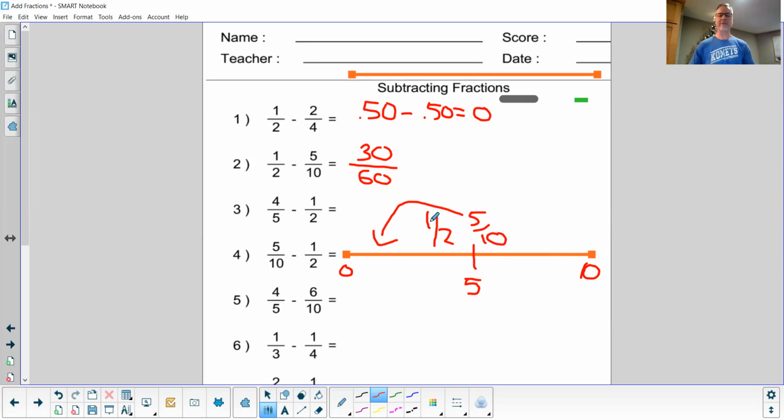And if we go back half of 10, 10 divided by 2 is 5. So that is a minus 5. Puts us at this point. Could have made my arc a little bit longer. We take 5 from 5, we end up at 0. So number 4's answer is 0 also.